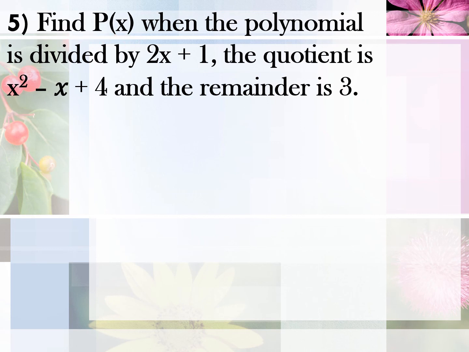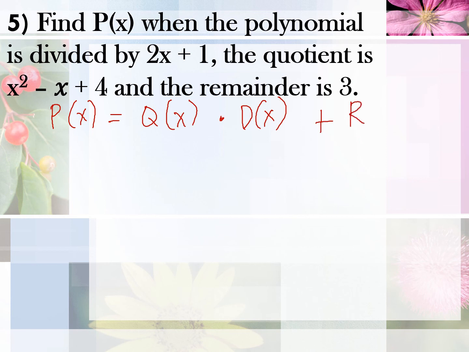So, according to division algorithm, meron tayong p of x is equal to q of x multiplied by d of x plus the remainder. So, ibig sabihin, yung function ng ating dividend is equal to function ng ating quotient times the function of the divisor plus the remainder.